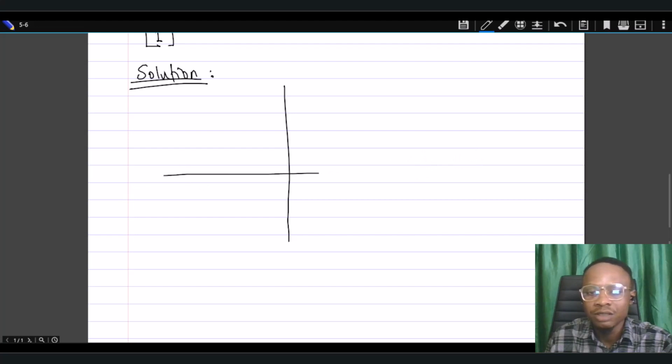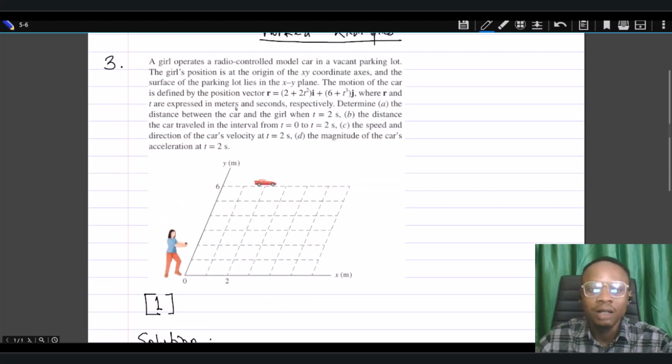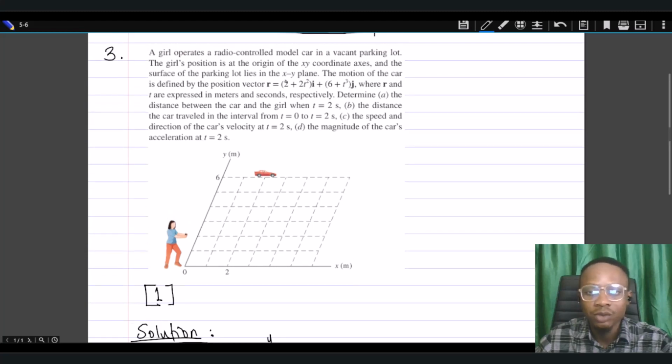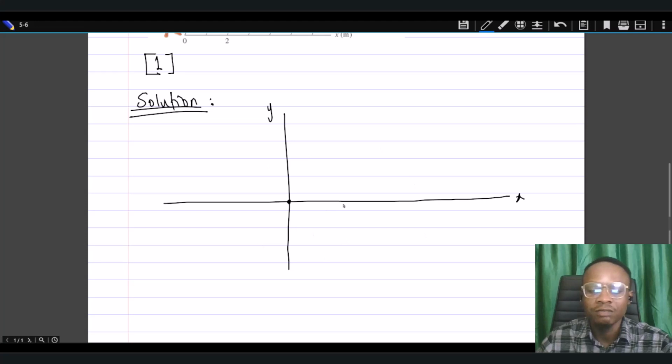So if this is the floor, this is our x-axis and this is our y-axis, then this is the location of the girl. Why? Because the problem statement tells us that the girl is located at the origin of the xy coordinate axis, and the surface of the parking lot lies in the xy plane. So this is the surface of the parking lot right here on the plane of this screen, and the girl is right here at the origin. So this is the position of the girl.